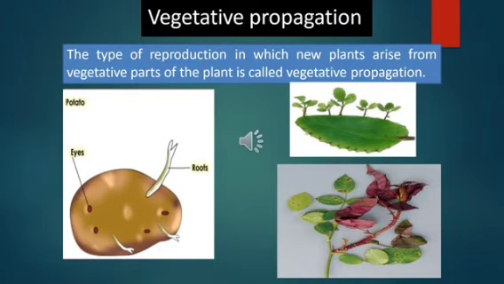And in the next picture, of course, you have the rose plant, where you will get a new rose plant with the help of the stem of the plant. So this is vegetative propagation, by which a few plants reproduce in this method.